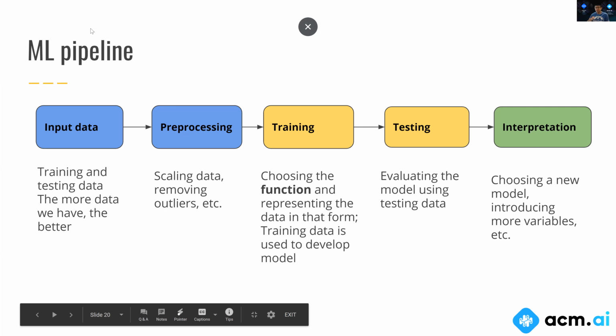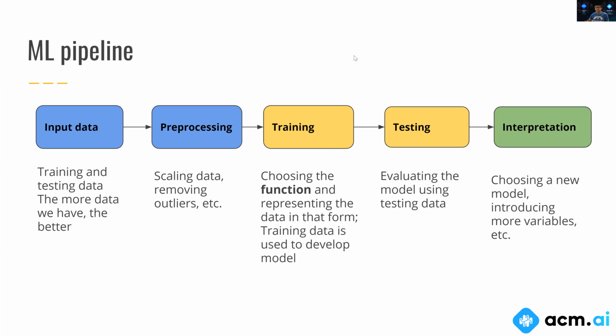And testing is going to use some data that our model has never seen before to ensure that our model is accurate. And there's usually some amount of cyclical behavior between testing and training. You would train, then you would test, and then if you realize our model isn't that good, we go back to training. It's pretty much like a loop.